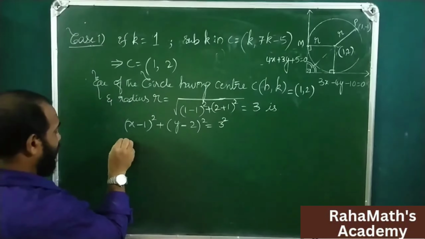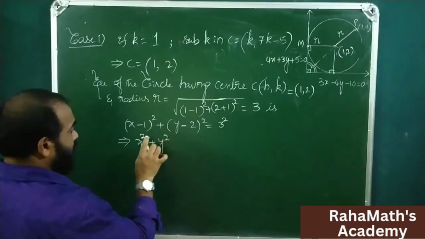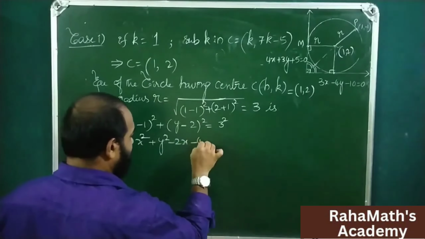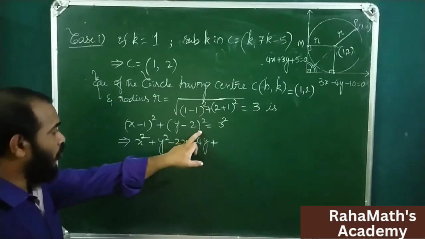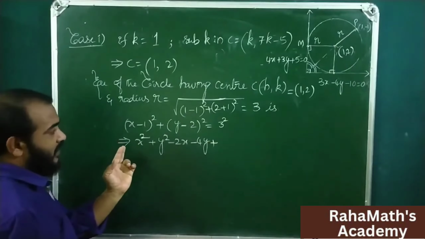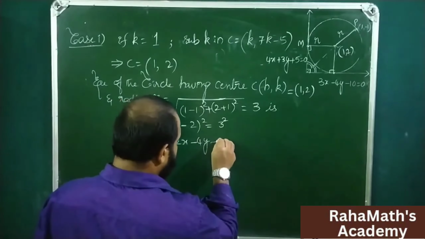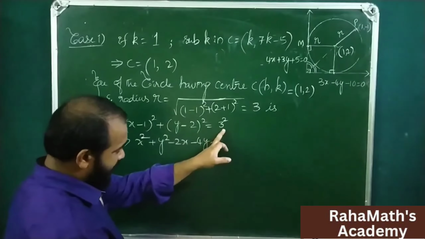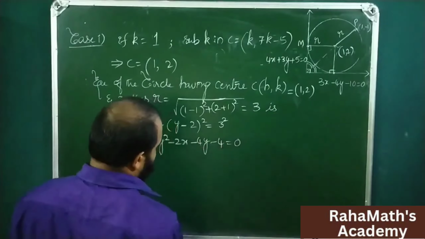So that implies x square plus y square minus 2x minus 4y plus 1, 2 square 4 plus 1 is 5, plus 3 square, if you bring this side, 5 minus 9, so minus 4 equals 0.